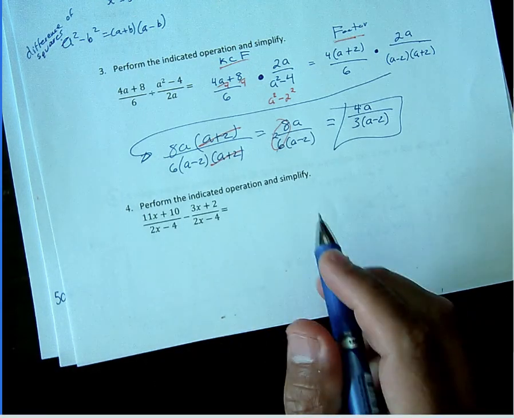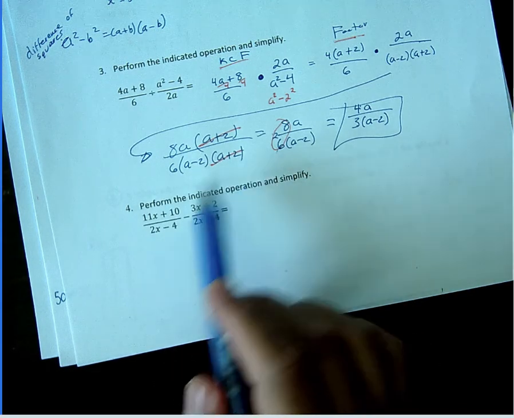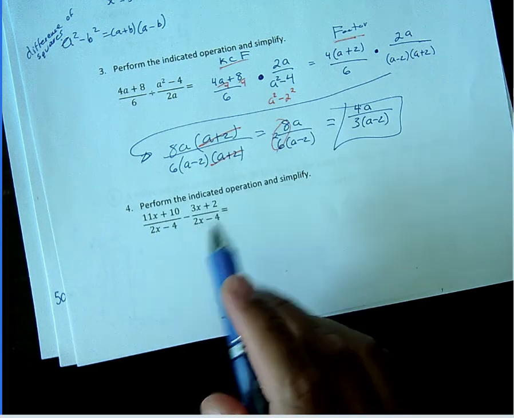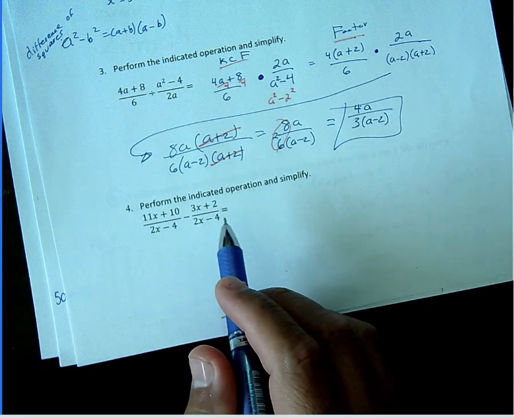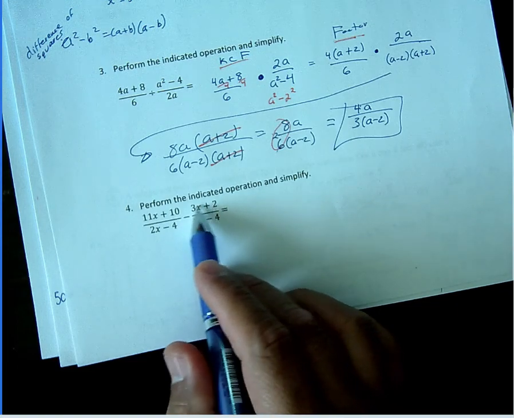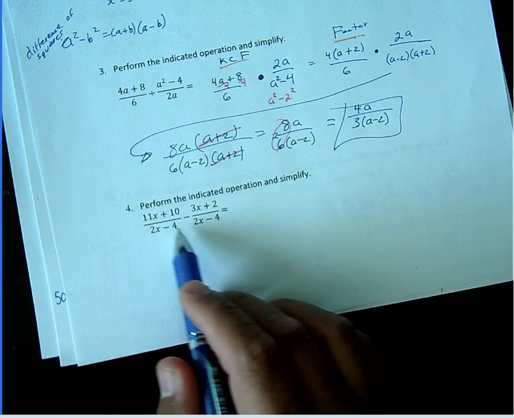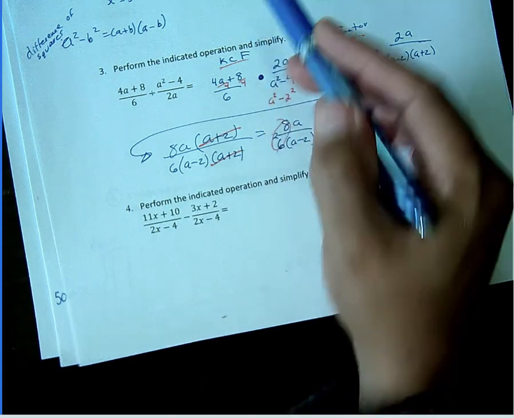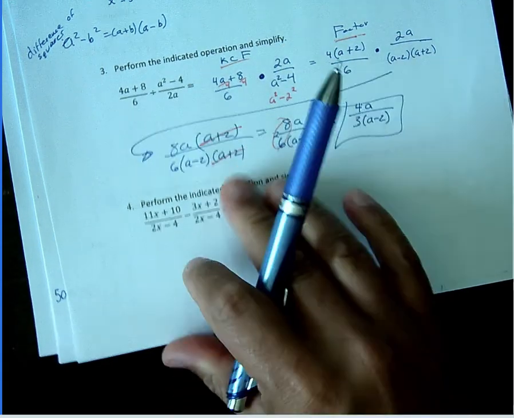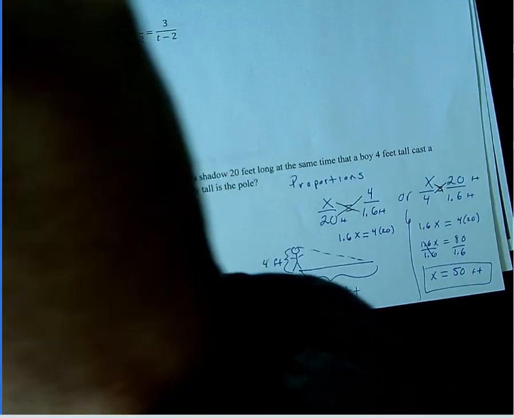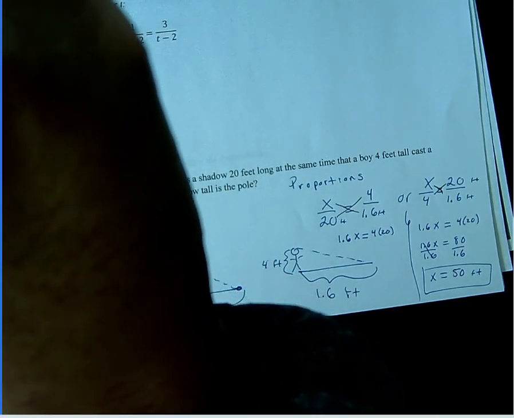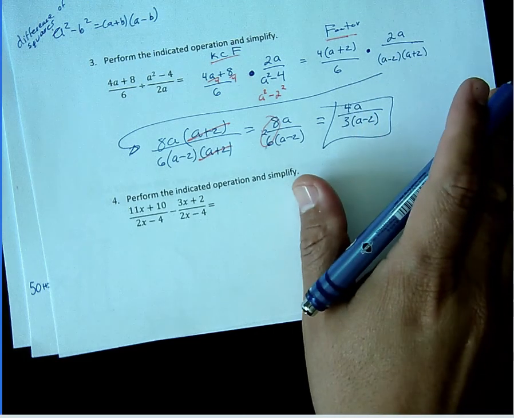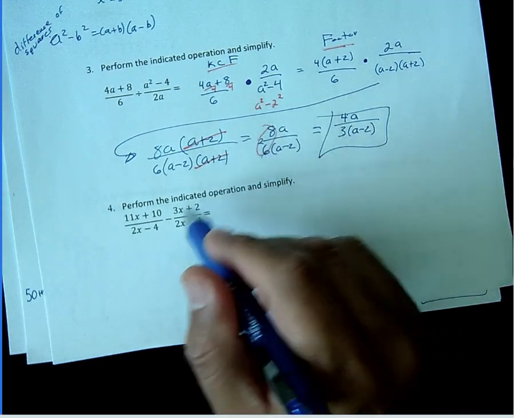this one again, you're subtracting rational expressions. Rational means fraction, expression is just whatever is expressed here, and you're subtracting. So 2, 3, 4, 5, and 6 kind of belong to the same unit, where you're going to have to simplify.